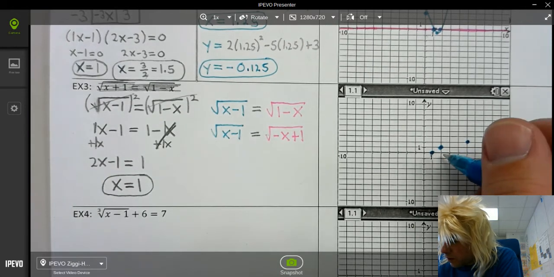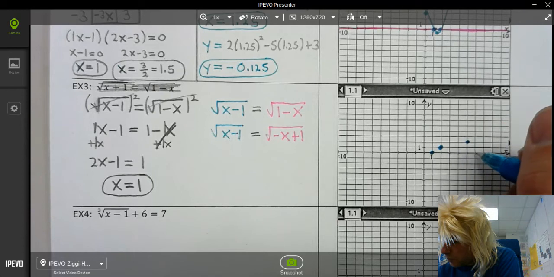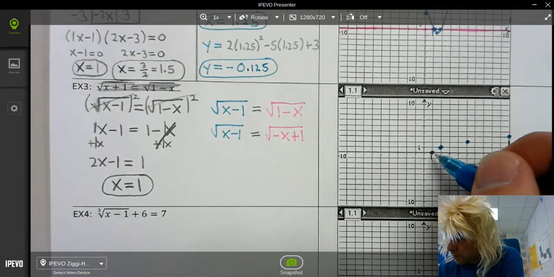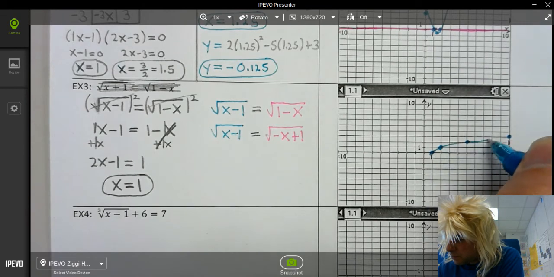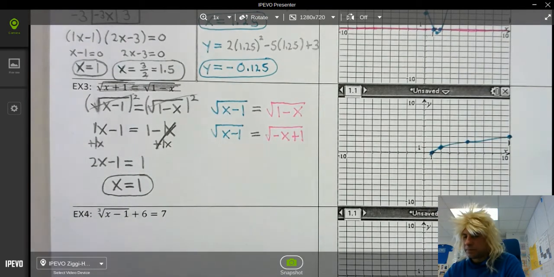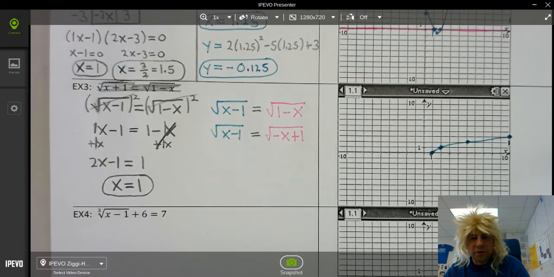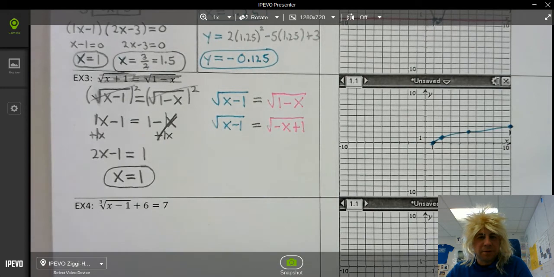Then we go right 9, up 3. All right, so that's that one graphed.